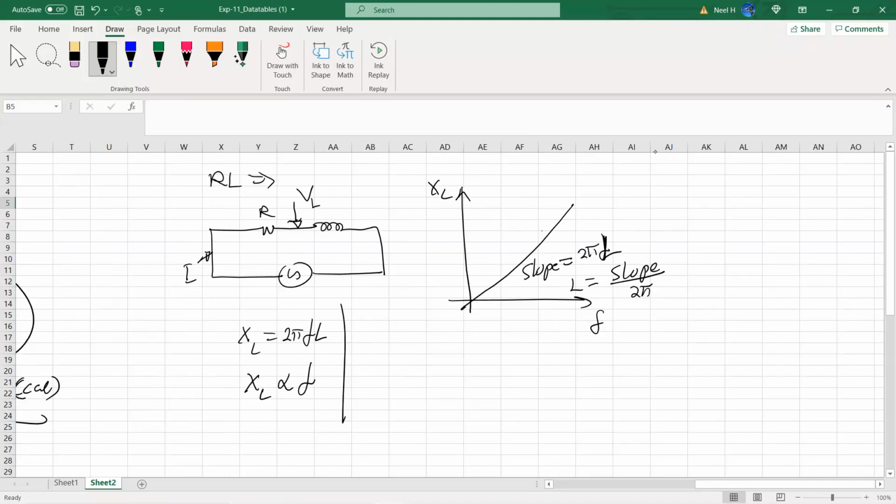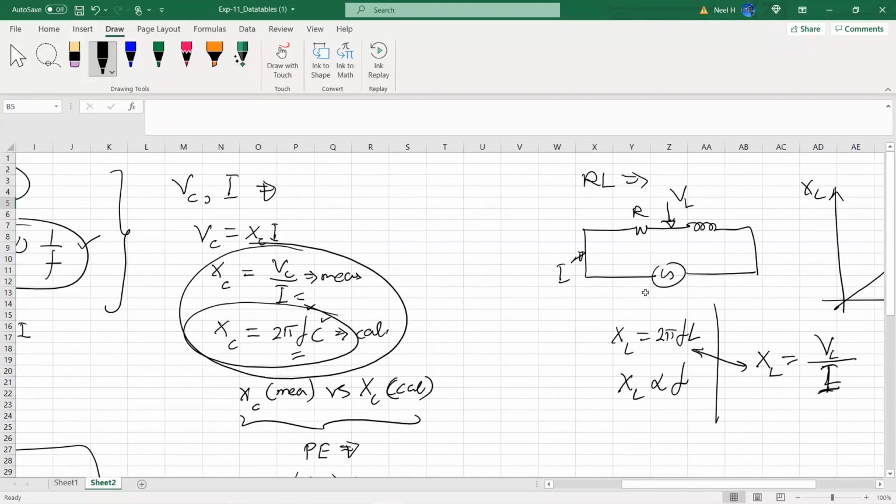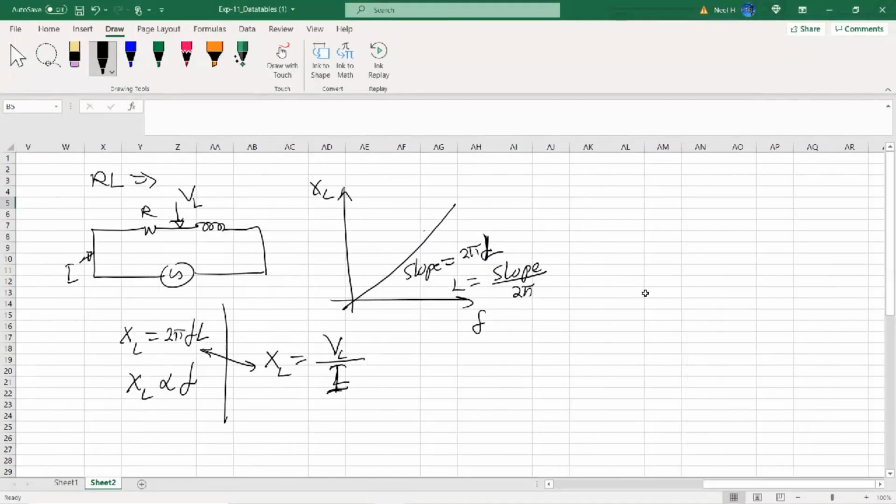And again, we can get X of L by measuring the voltage across L divided by the current. Then we can compare these two values, because they should be exactly the same. If I get a low percentage error, that means the concepts and theories we built in the earlier chapter are correct. So that's our plan. Any questions?